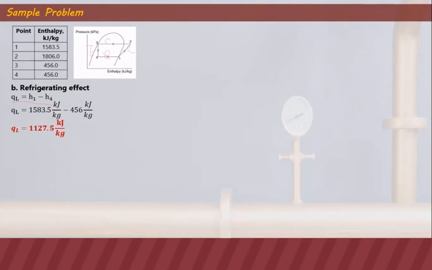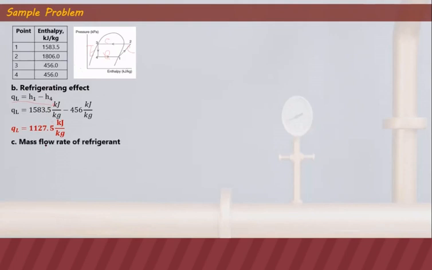When we say refrigerating effect, this means this is the effect that the refrigerant can produce in the evaporator. So that's 1,127.5 kilojoules per kilogram. The refrigerating effect is different from the refrigerating capacity, because capacity is usually in kilowatts.